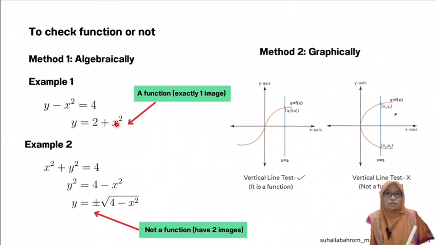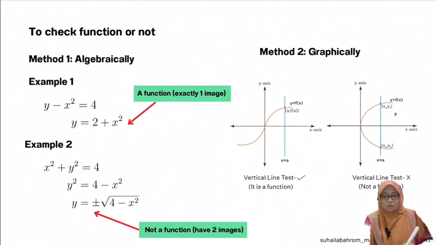when you substitute x with any value. And then for example 2, we have the equation x² + y² = 4. When you put y as the subject, y² = 4 - x². Therefore, y = ±√(4 - x²). So you will get two equations, meaning that you can have more than one value of y.